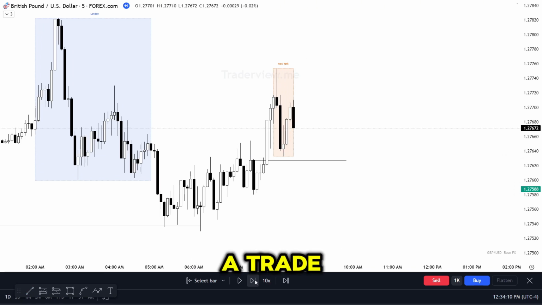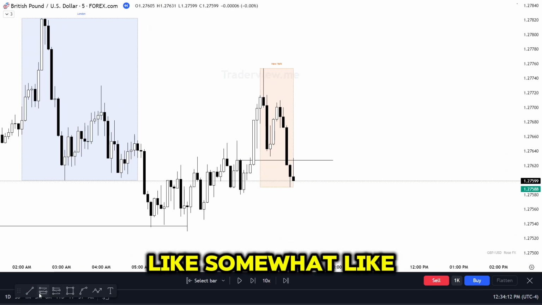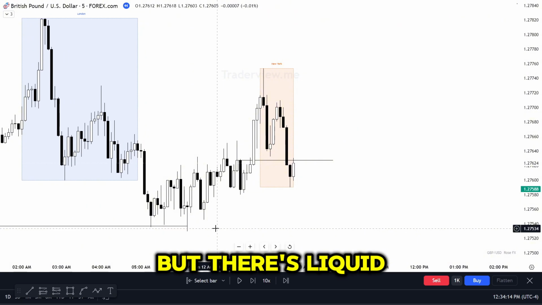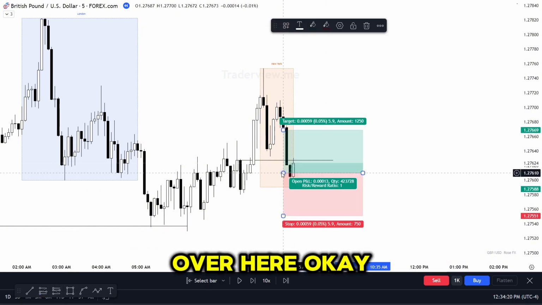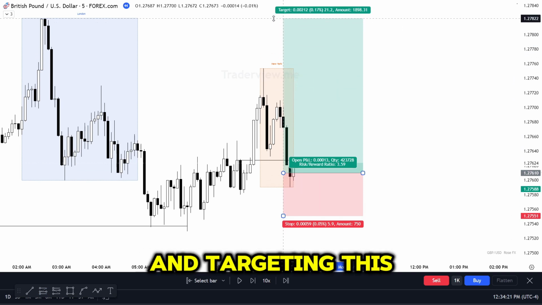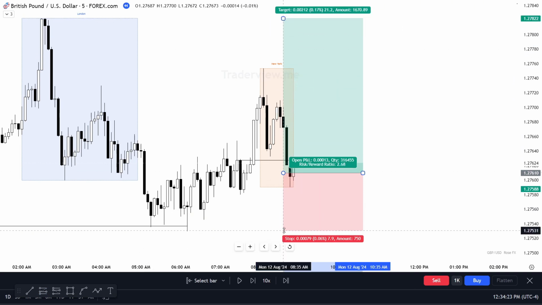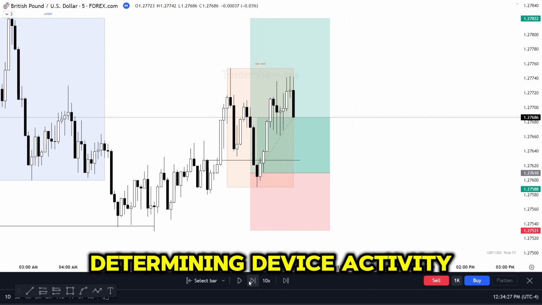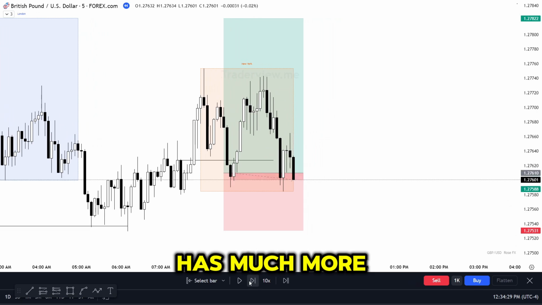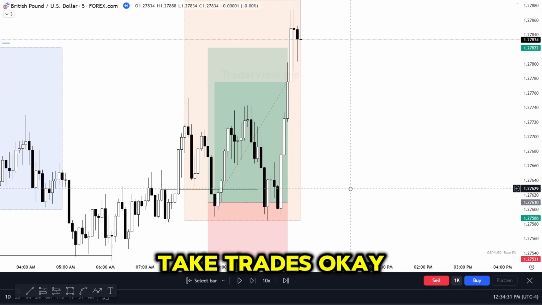I can take a trade like this, somewhat like here, but there's liquidity resting below over here. So just imagine if I take a trade over here, targeting these highs, and simply the market makers model is somewhat like determining the bias actually, but it has much more confidence if you guys are willing to take trades.